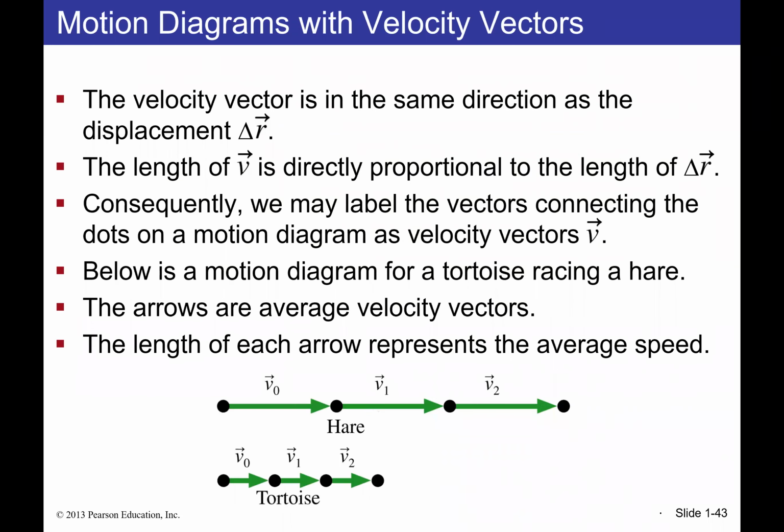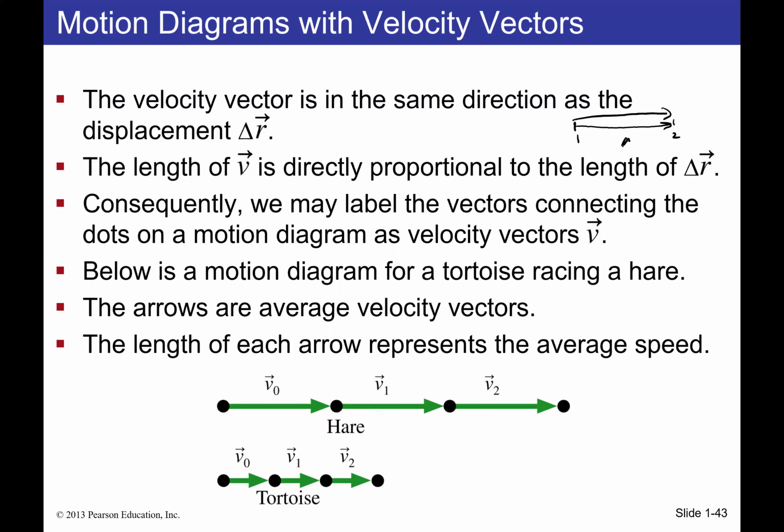All right. So then the velocity vector is in the same direction as the displacement. Because if you start from this point 1 and you go to point 2, I can say that this is my displacement vector. But velocity, you're also moving from point 1 to point 2, that means if I'm doing the velocity as a vector, it's also going to be in the same direction.